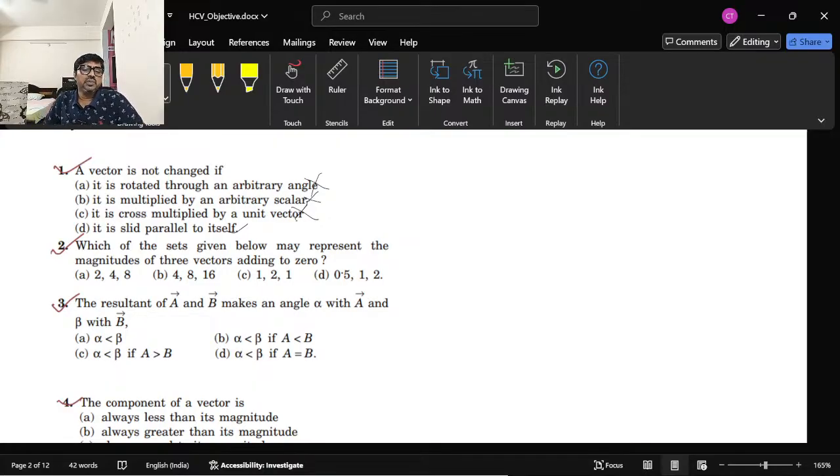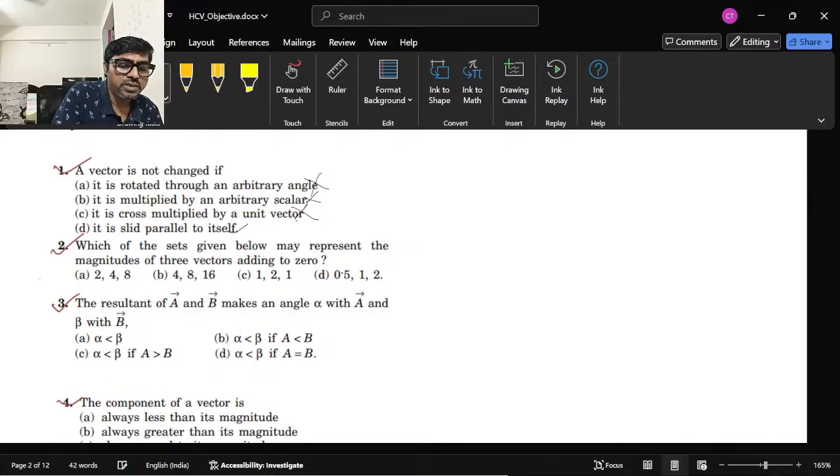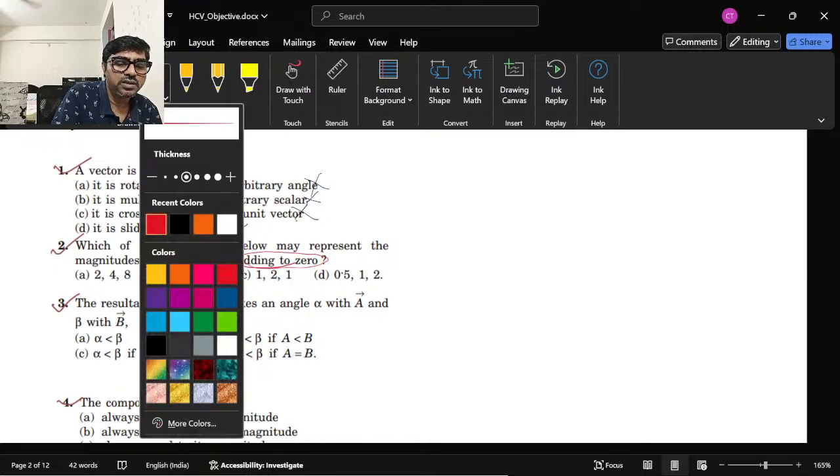Which of the sets given below may represent magnitudes of three vectors adding to 0? Adding to 0 is important here. When you sum them up, I should get 0. Can I increase the size of the stylus? I'll go for a bigger size.